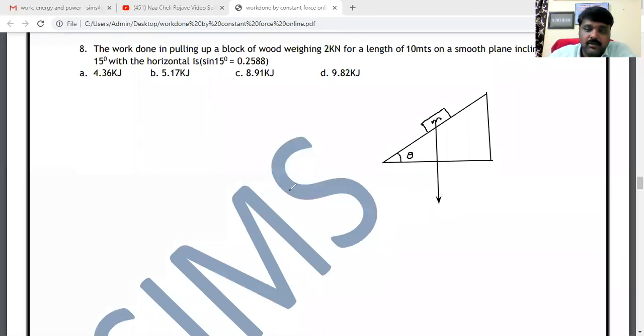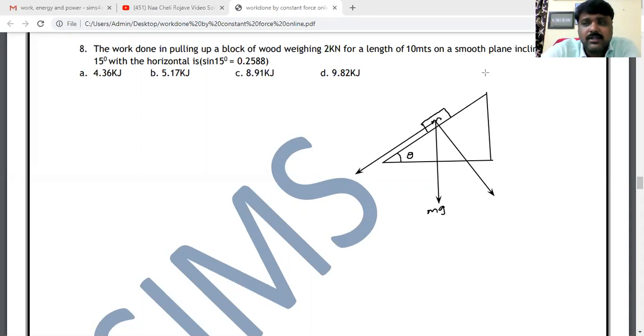Here the weight is mg, and the weight gets divided into two components. This is one component which is perpendicular to the inclined surface, and this is another component which is parallel to the inclined surface.